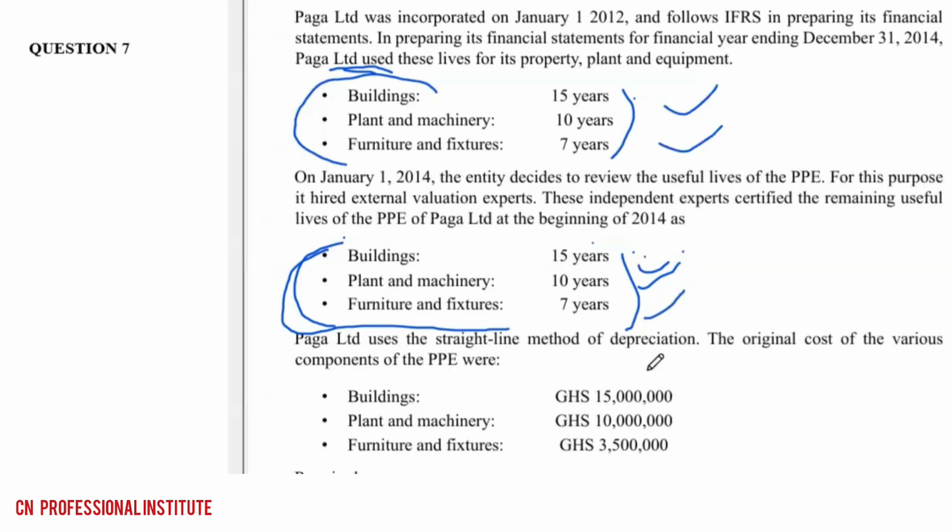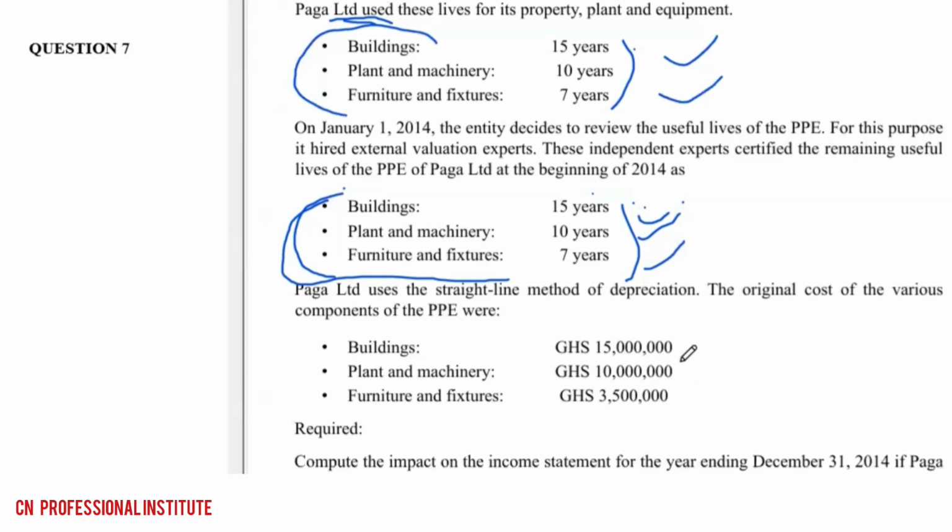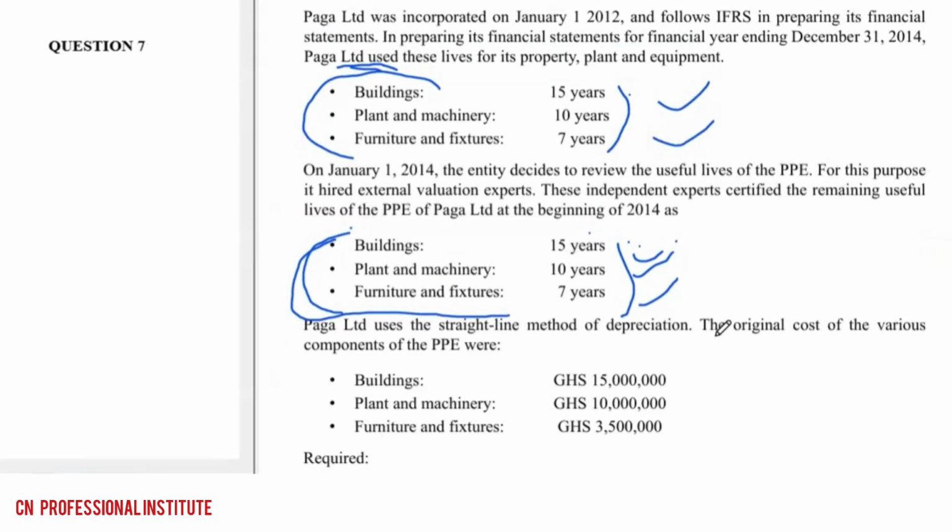Then we have the cost of the assets here. Now you'll realize that to get the depreciation for 2014, we need the carrying value as at 2014 and we divide by the remaining useful life. So we have to start depreciation for 2012 and 2013 before we can get the carrying value as at 1st January 2014, and that's what we are going to use to calculate the depreciation.